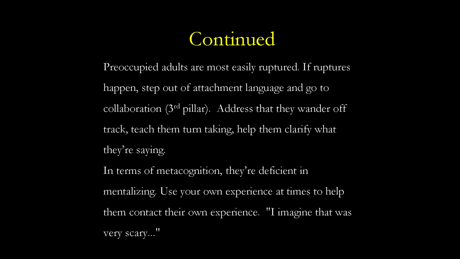In terms of metacognition, they're deficient in mentalizing. Often use your own experience to help the preoccupied person contact their own experience. For example, saying, "I imagine that was very scary."